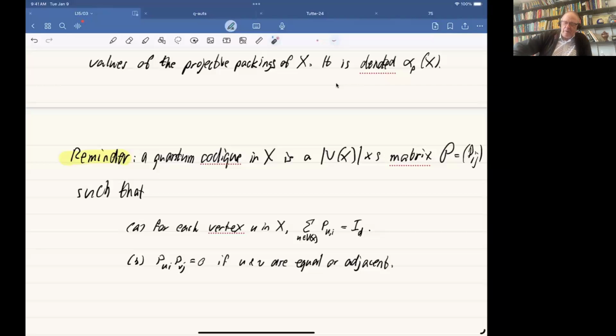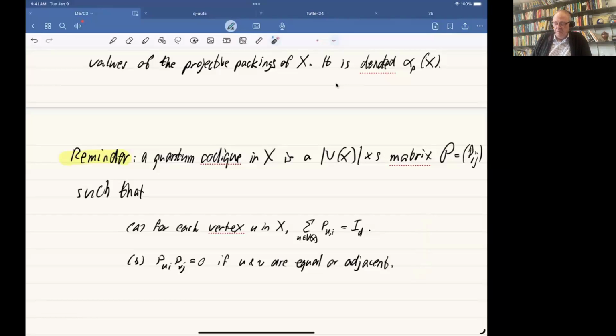Our definition of a quantum clique is that it's given by a quantum homomorphism of the complete graph into our target graph, satisfying certain conditions, and a quantum co-clique is just a homomorphism from the clique into the complement. This doesn't look like that, but we're not going to go through every detail. We're going to take it on trust that these two conditions, which are fairly simple, describe quantum co-cliques.